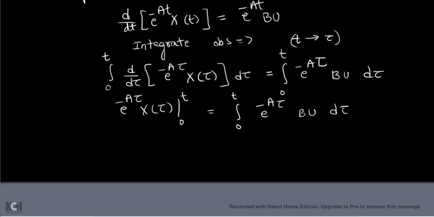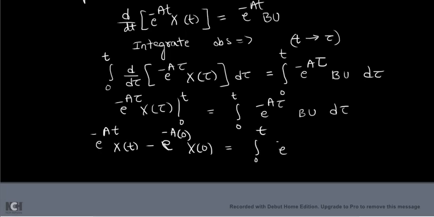Now what I can do, I will take upper limit minus lower limit: e power minus a t into x of t minus lower limit. Lower limit is e power minus a 0 into x of 0, is equal to integration 0 to t e power minus a tau b u d tau. Now what can we substitute further?